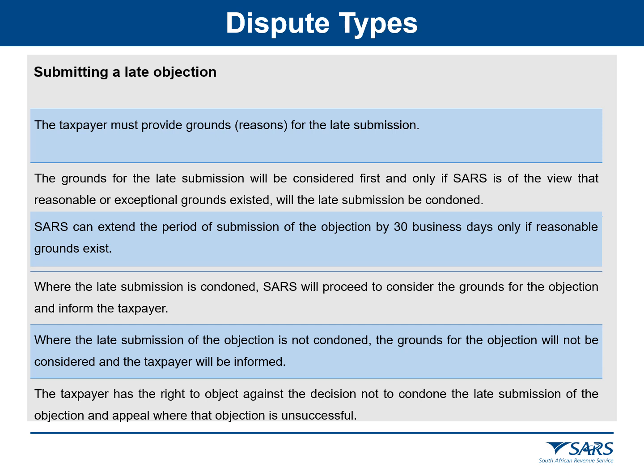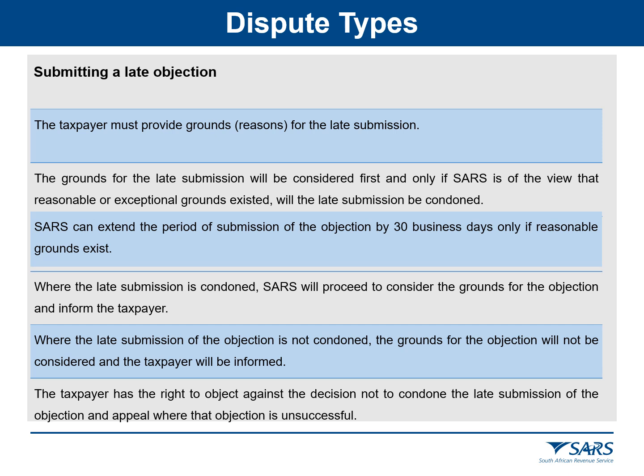The grounds for the late submission will be considered first, and only if SARS is of the view that reasonable or exceptional grounds exist, will the late submission be condoned. SARS can extend the period of submission of the objection by 30 business days only if reasonable grounds exist.